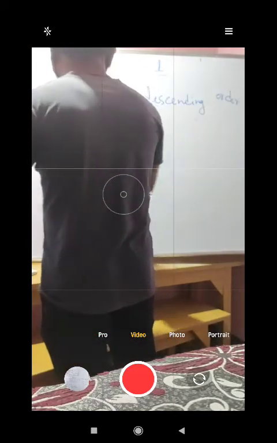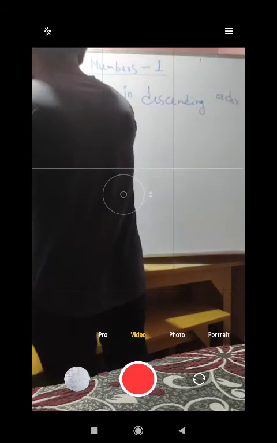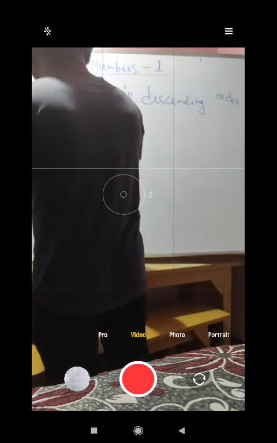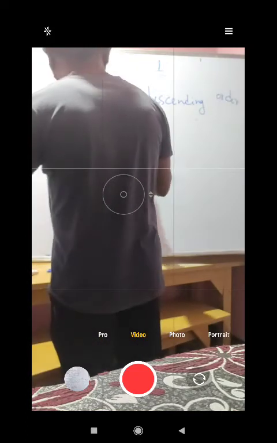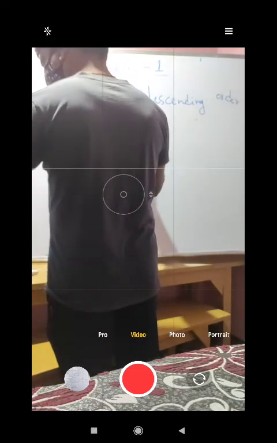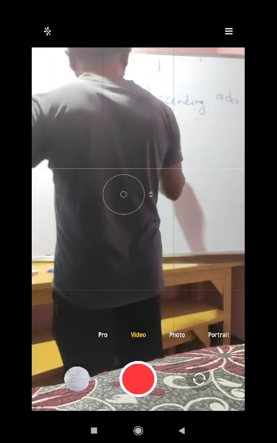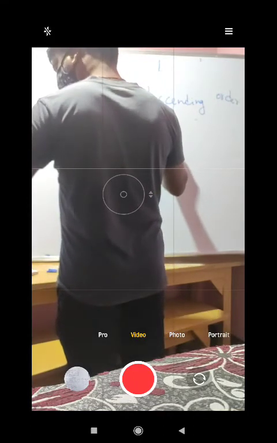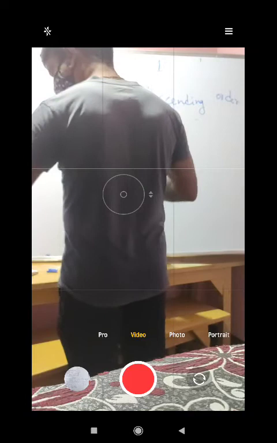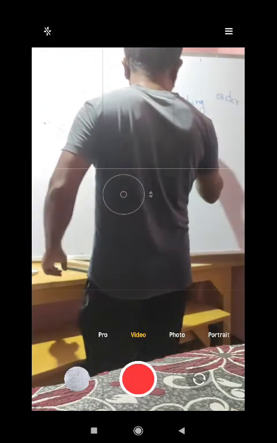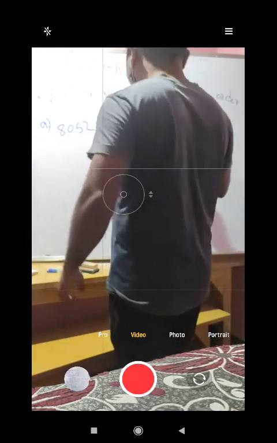So let us see what it has given. Arrange in descending order. The numbers are 8052, after that 8502, after that 8520, after that 852.